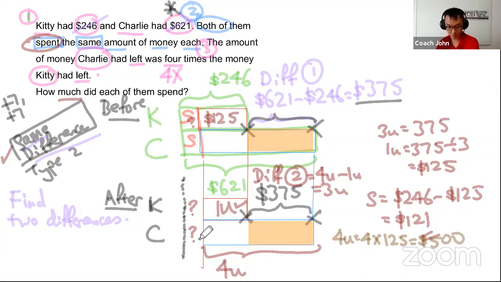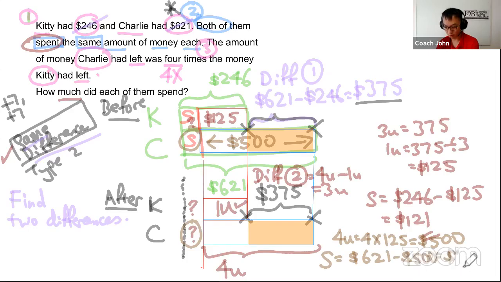So using this one or using this one, the whole thing is actually 500. So I hope I'm correct. Hold on, cannot find space. So S is actually 621 minus 500, which is 121.